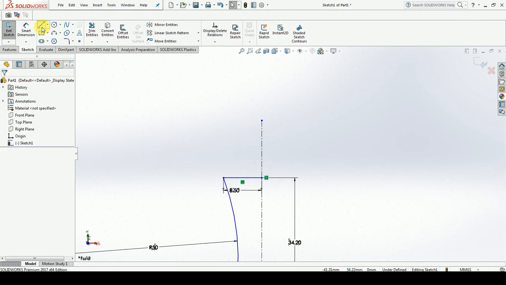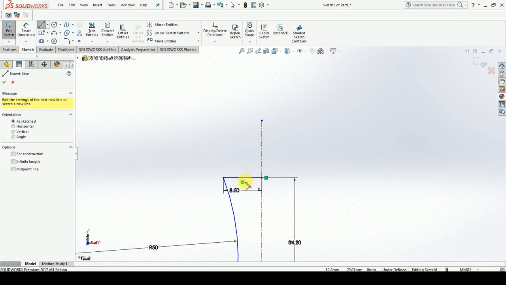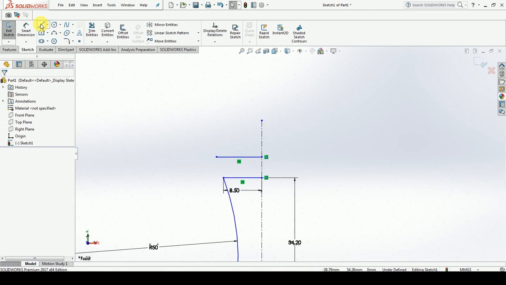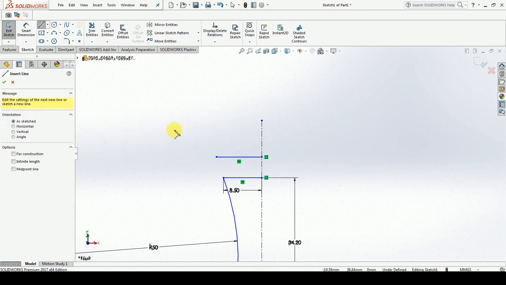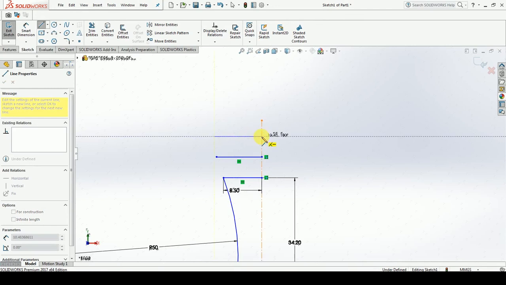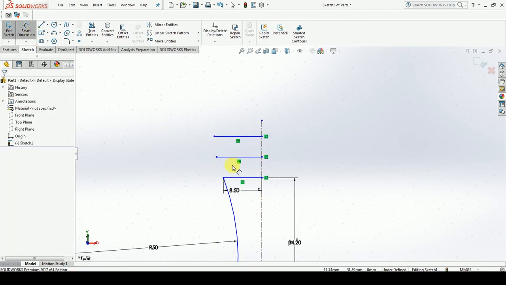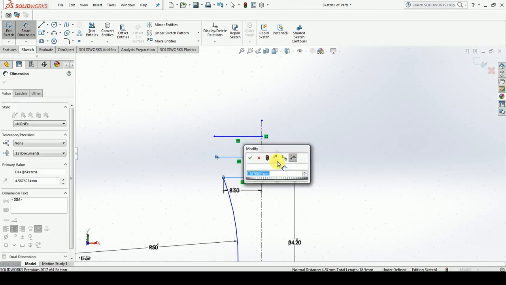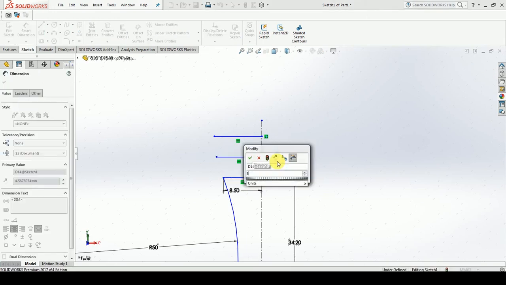Again select line and draw a horizontal line ending at the center line. Again draw a line ending at the center line. The vertical distance of these two lines is 3.32 millimeter.